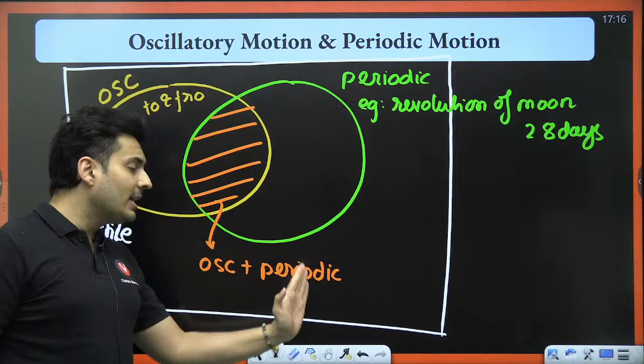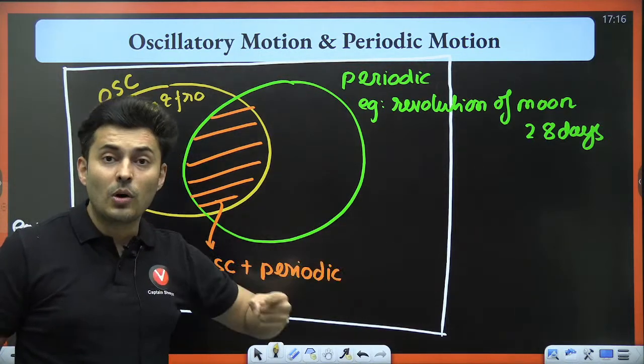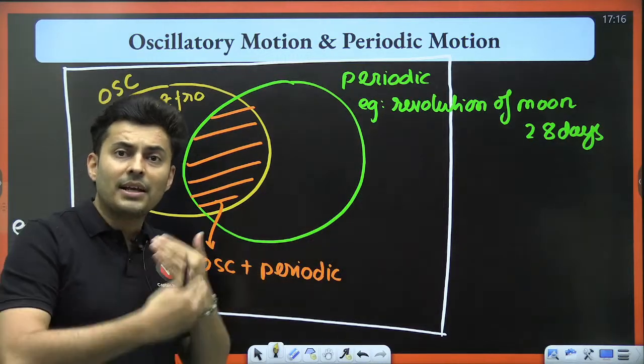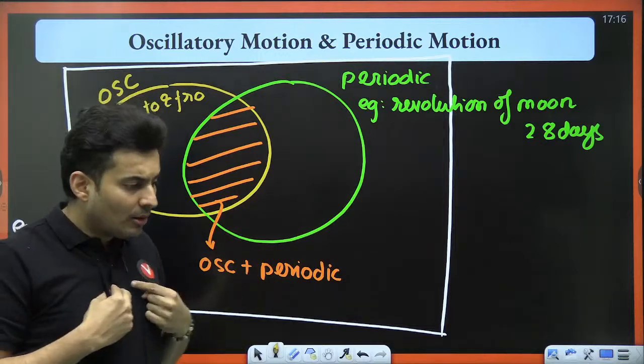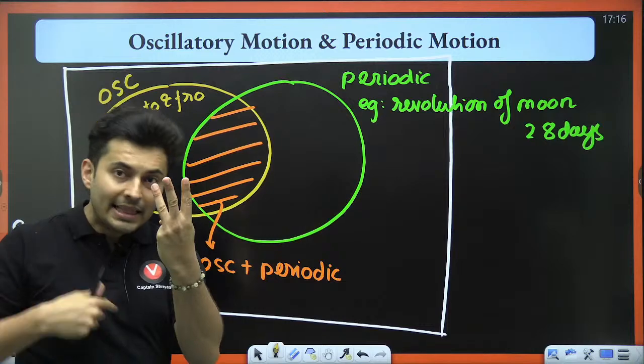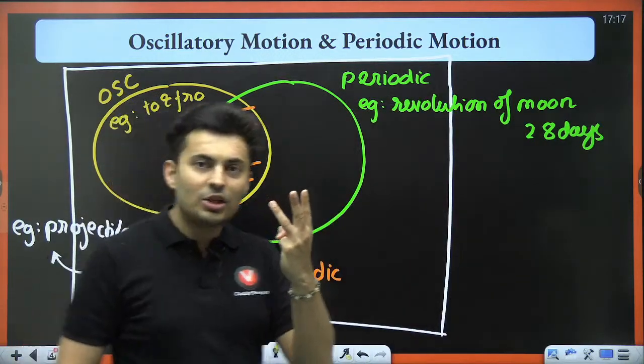What about oscillating and periodic? Meaning, not only does it go to and fro, but also it takes the same time after every oscillation. So if I went here and came back in 3 seconds, then next time also I should take 3 seconds to go and come back. Again I should take 3 seconds.